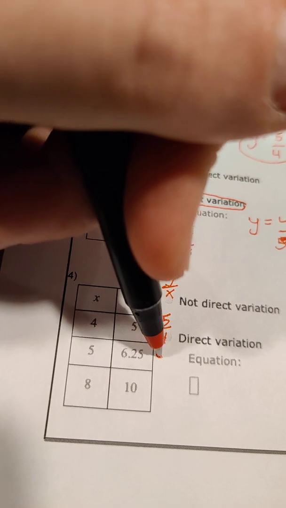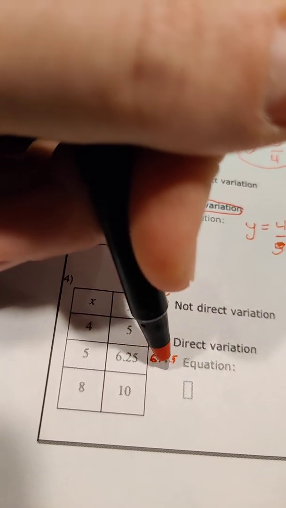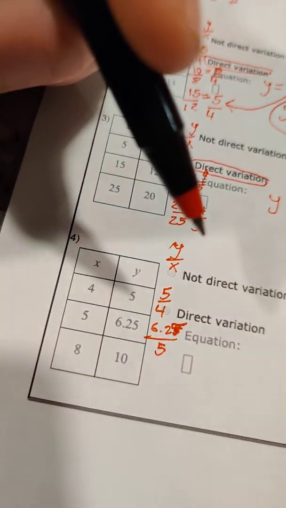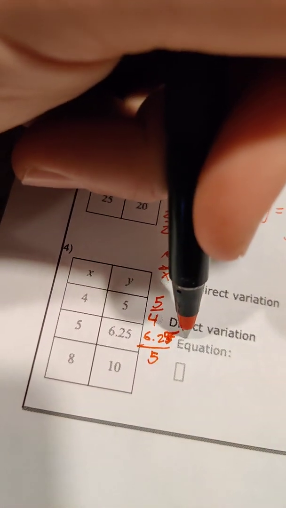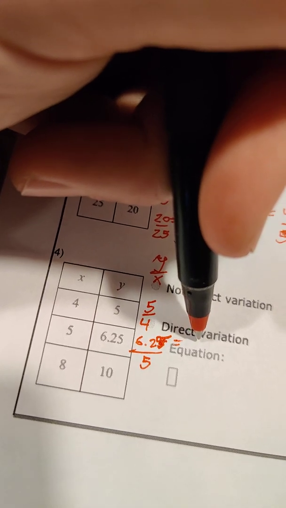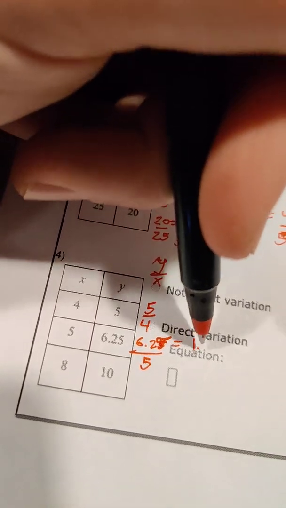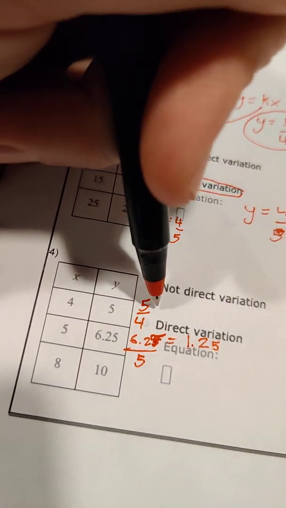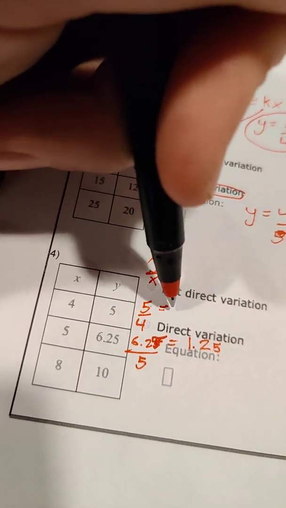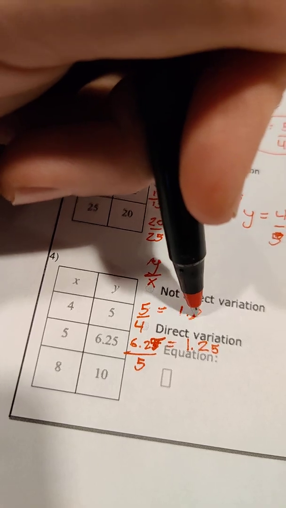We get 6.25 over 5. Now, since we're dealing with decimals, it's okay to go to your calculator here. When you do 6.25 divided by 5 in your calculator, you're going to get 1.25.